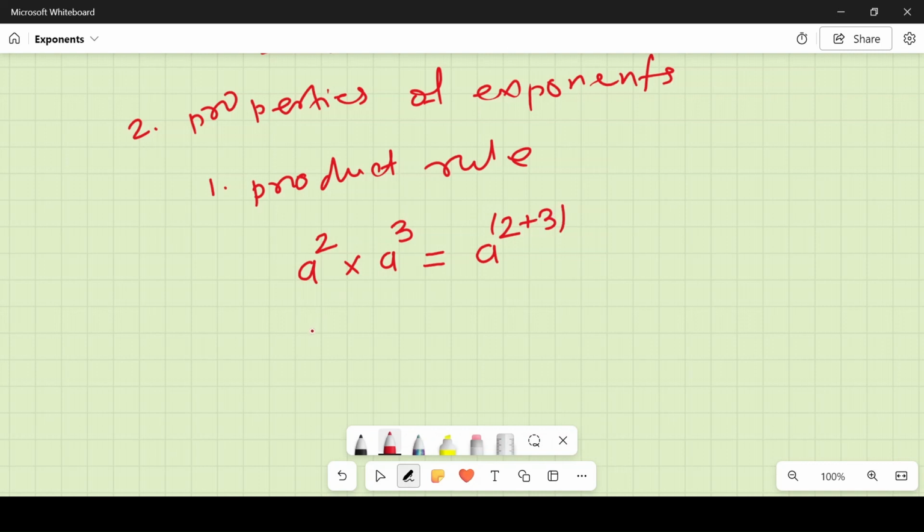So the generic formula for the product rule is, suppose I have a common base a raised to x, multiplied again by a raised to y, then it gives us a to the power of x plus y.